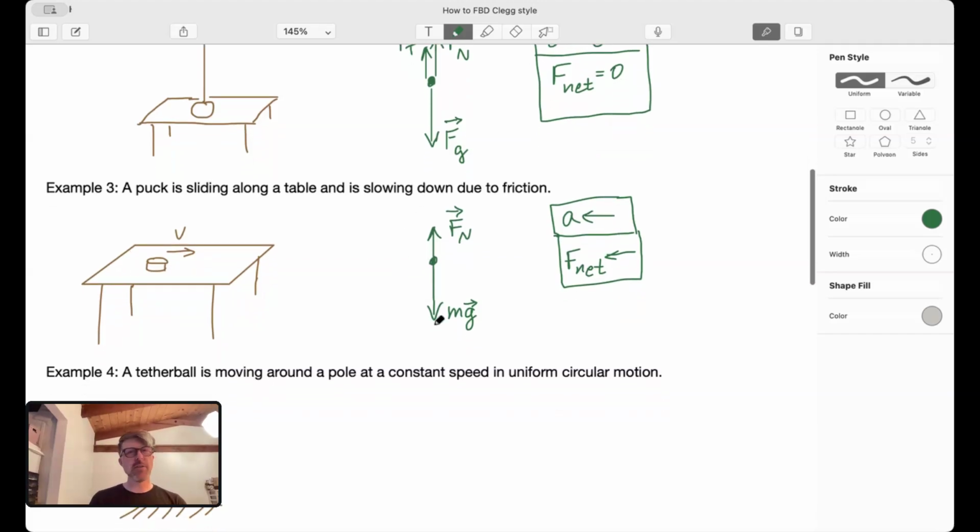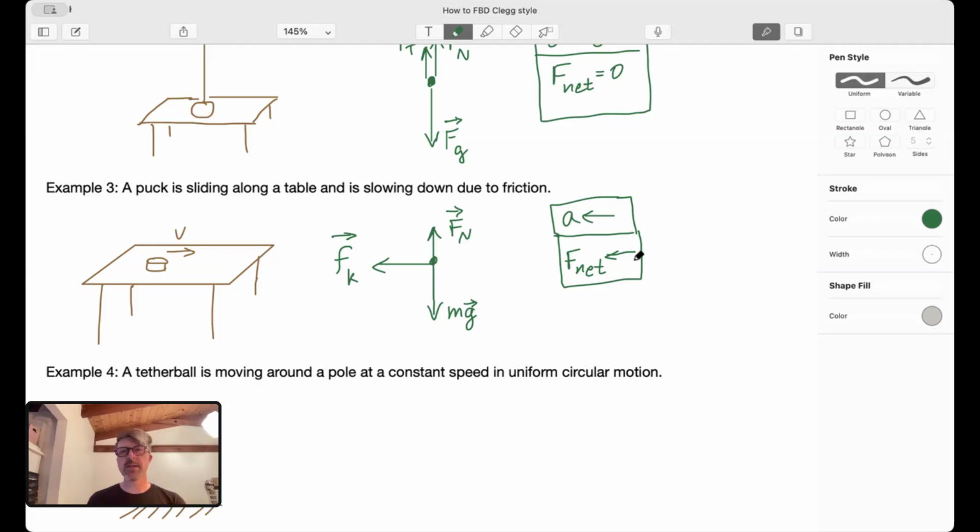And so I don't know if it's the same or not as the down force, but then it also has a friction force acting against its direction of motion. So, oops, let's try that again. There we go. So we have a frictional force. I'll call it lowercase f k for kinetic friction. There are different ways to label that, but that's the way I'm choosing now.